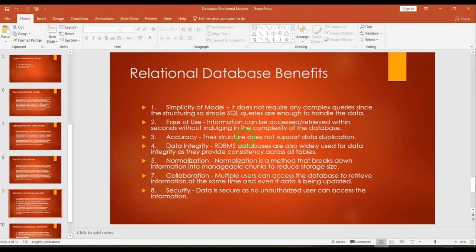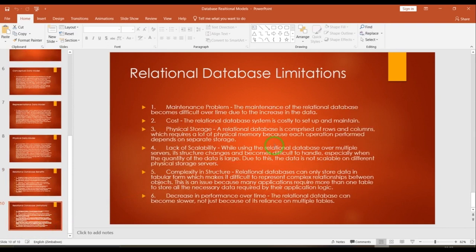Multiple users can access the database to retrieve information at the same time, even if data is being updated. Number 7, we have security. Data is secure as no unauthorized users can access the information.